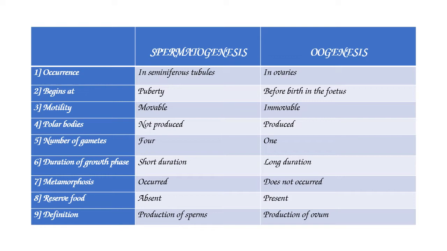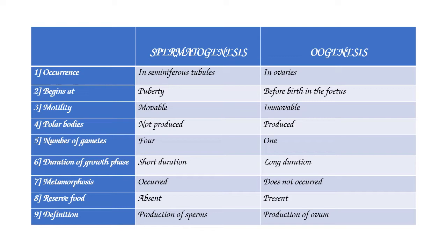Spermatogenesis is defined as the production of sperms, and oogenesis is defined as the production of ovum. And where do these two processes occur? Spermatogenesis occurs in the seminiferous tubules of the testis, and oogenesis occurs in the ovaries.